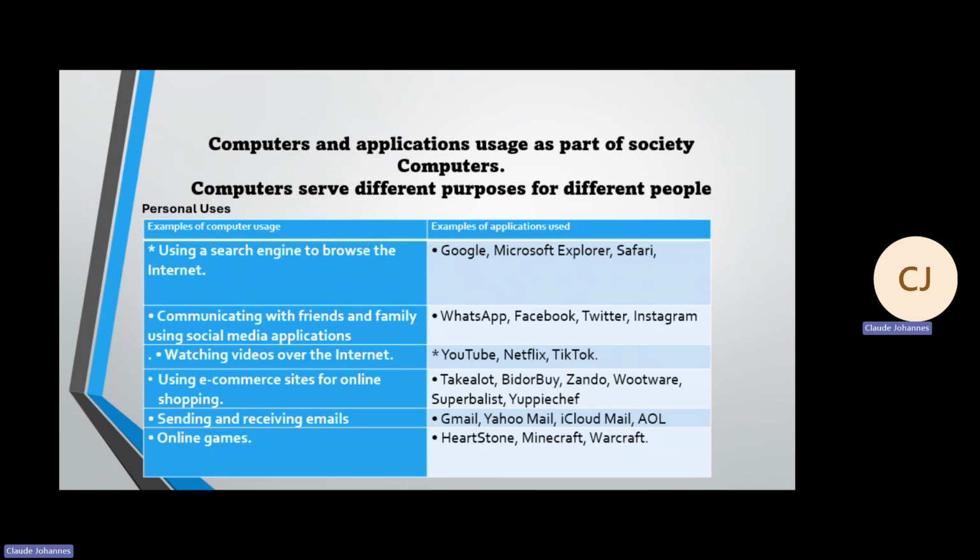For communication with friends and family, we have WhatsApp, Facebook, Messenger, X, Twitter changed to X, and Instagram. For watching videos over the internet, you have YouTube, Netflix, TikTok, Amazon, and so forth.